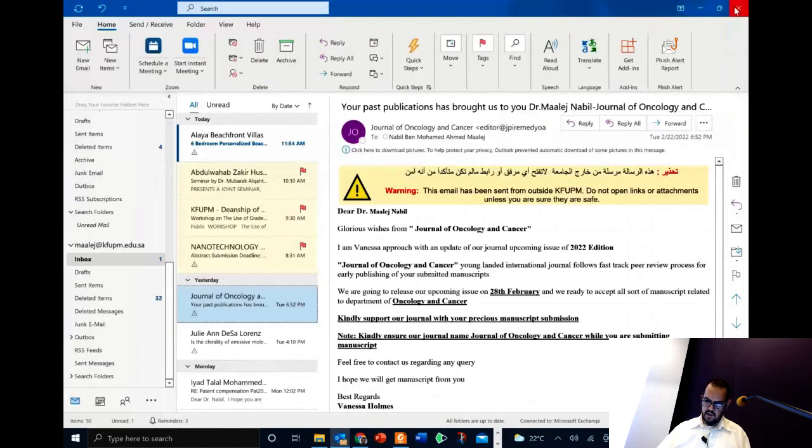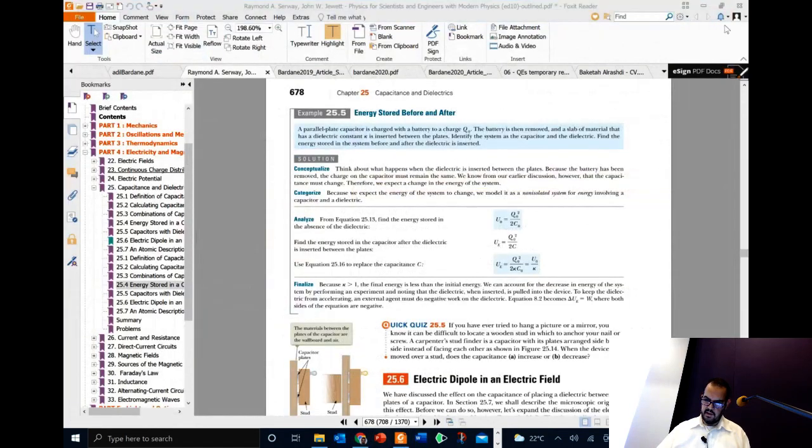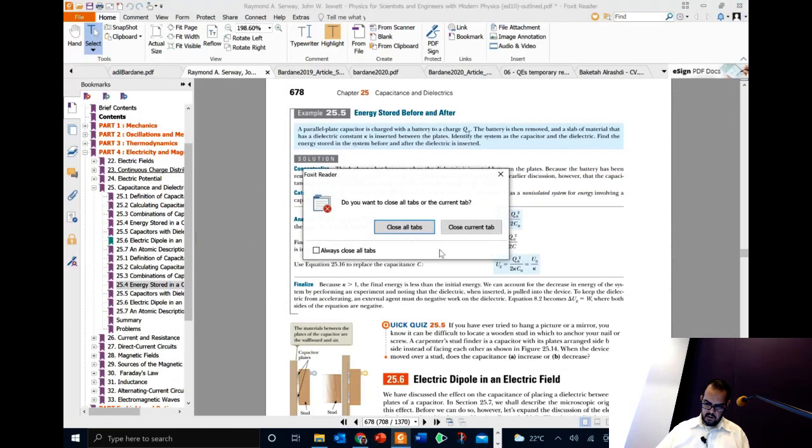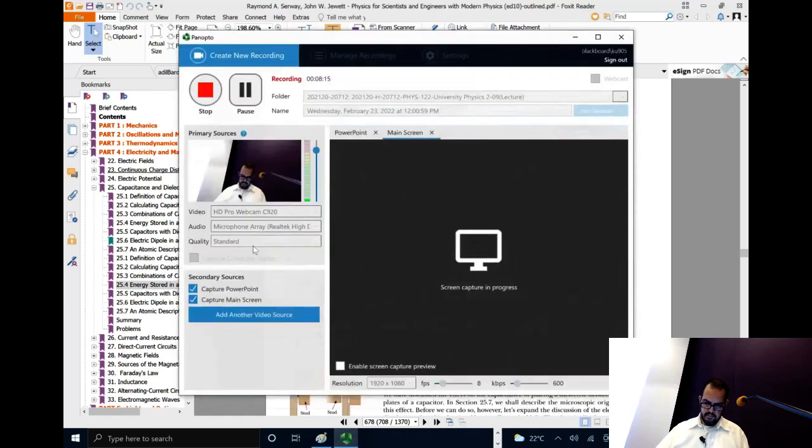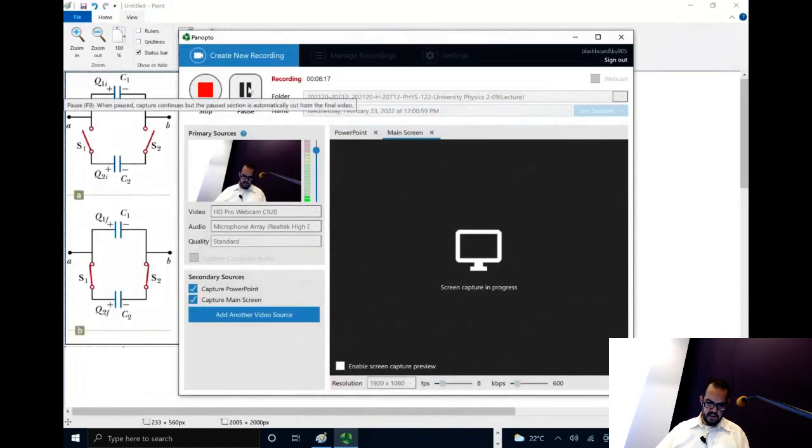Unfortunately, the only way to do this is to disconnect everything or to turn off my computer and close all tabs. You can never rely on the technology.